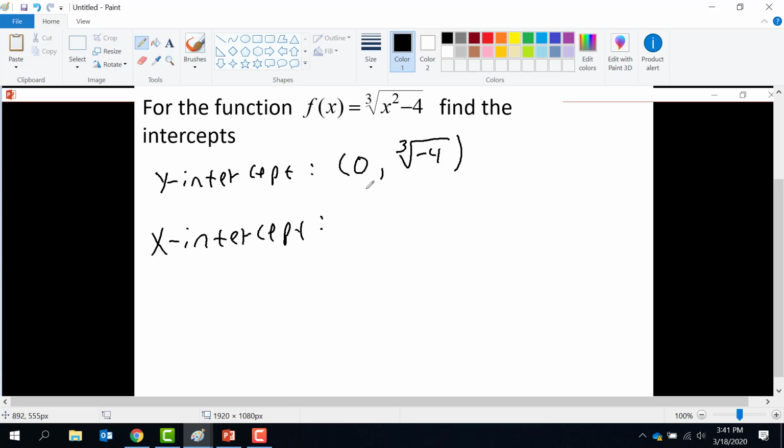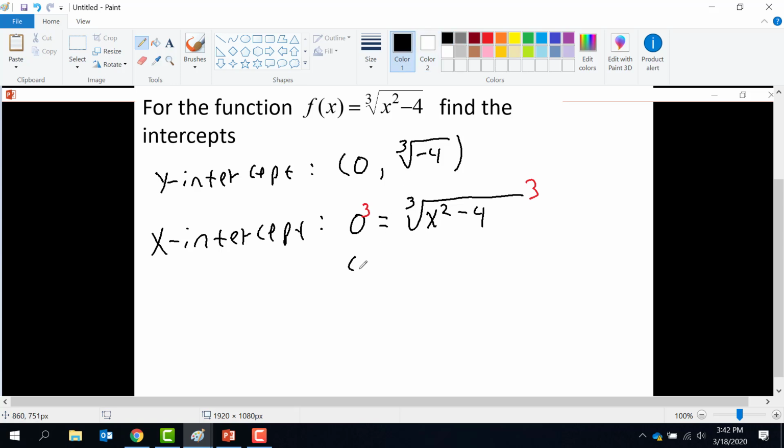X-intercept. We just set the output equal to 0, so 0 is equal to the cube root of x squared minus 4. And then we can work backwards. There's x, we're squaring it, subtracting 4, and then we're taking the cube root. So first we undo the cube root by cubing it.